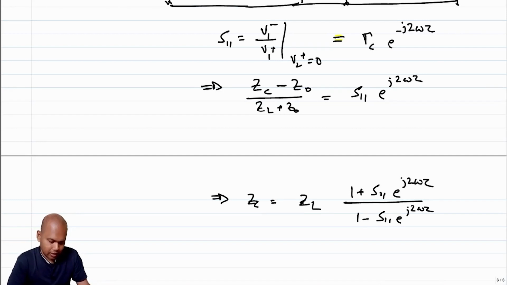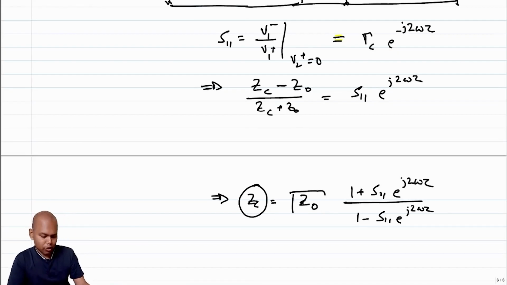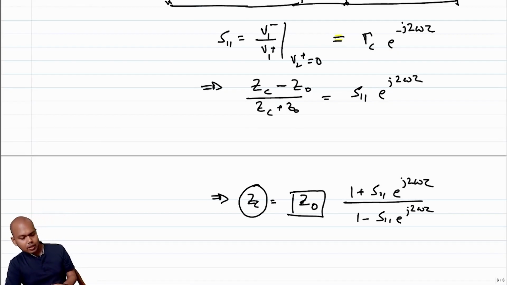So note that this is a much simpler way of finding out what your effective impedance is. I'm messing up the notations, but Z0 is known a priori.